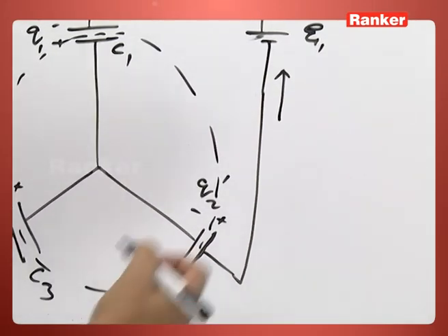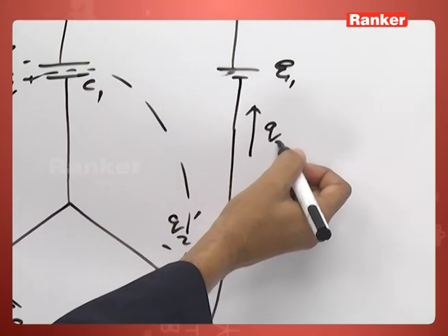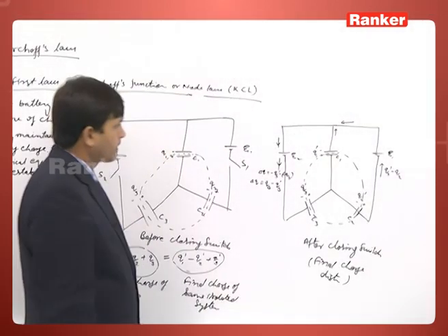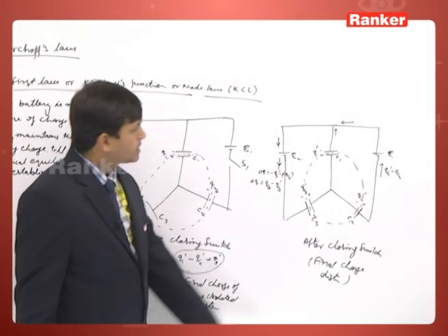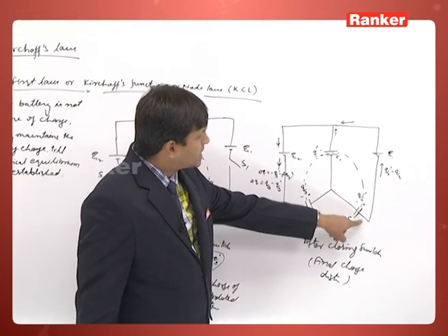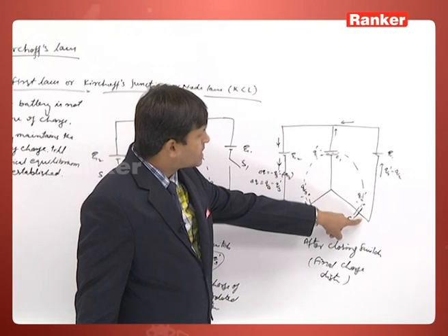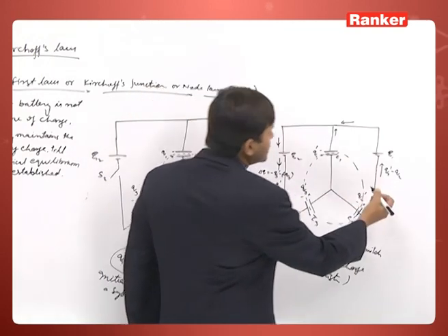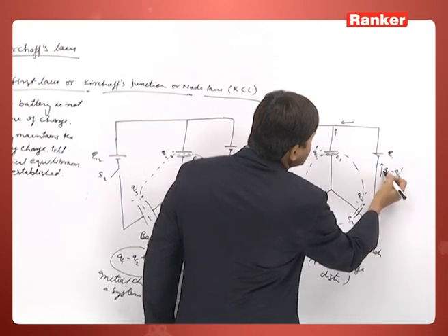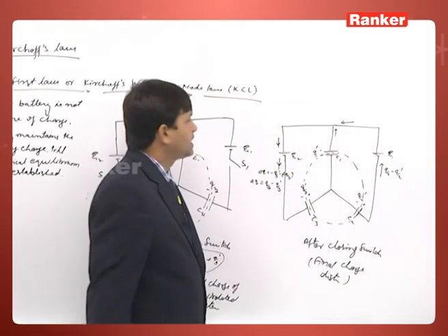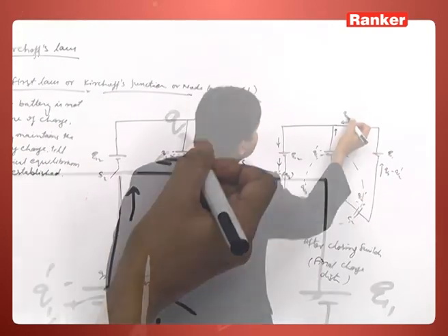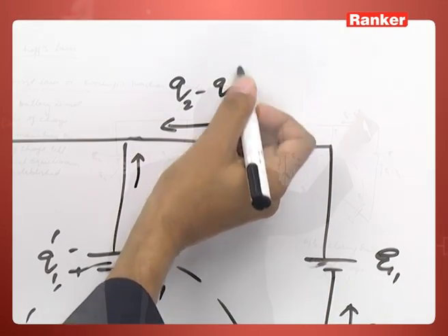Just opposite to that. So that will be Q2 dash minus Q2. Okay. See here, final minus initial on that side, finally Q2 dash minus Q2. How much will go here? So this will be Q2 minus Q2 dash. Now, this is the amount of charge coming from this side, Q2 minus Q2 dash.